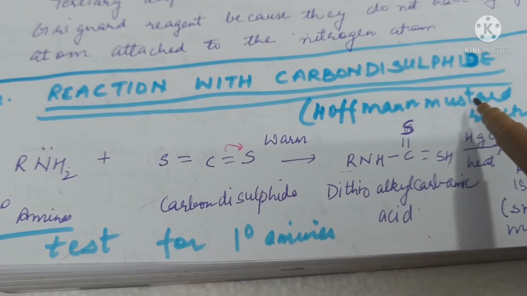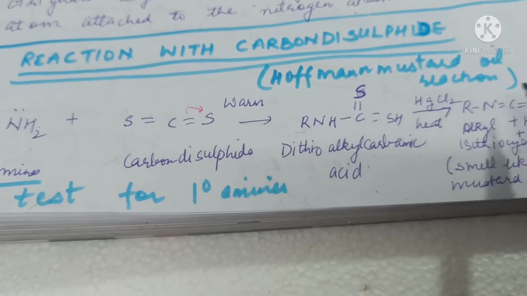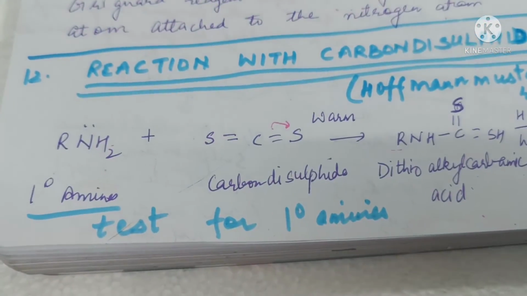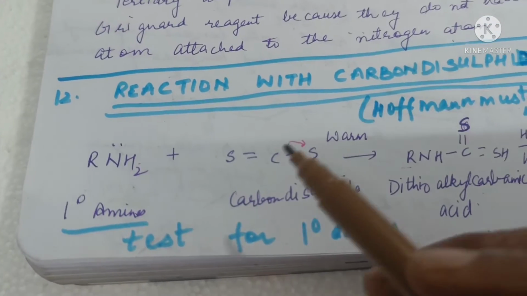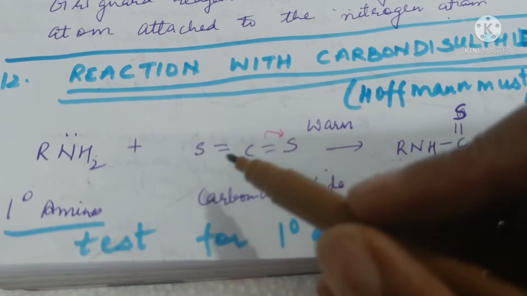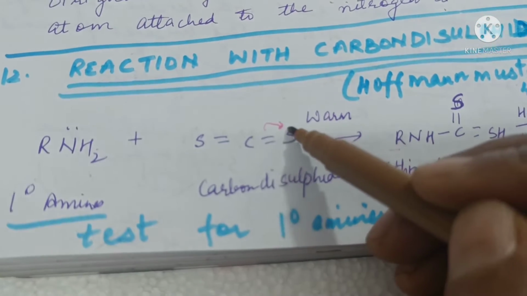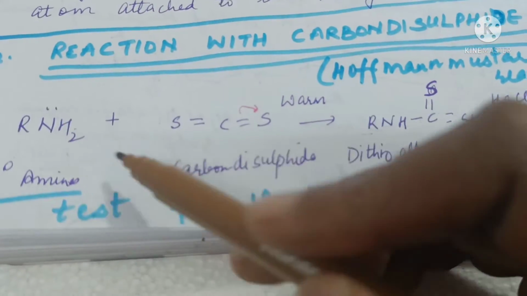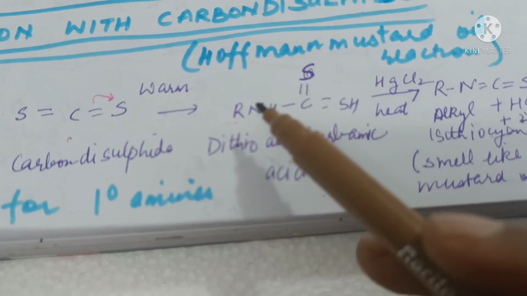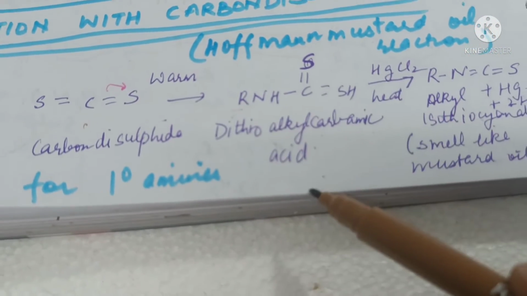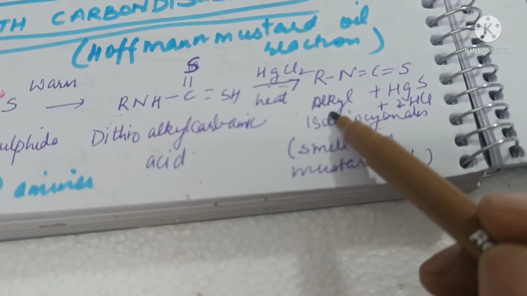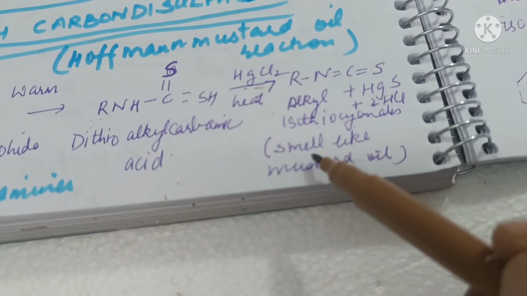Reaction with carbon disulfide. It's also known as Hofmann mustard oil reaction. When primary amines react with carbon disulfide, the electrons move here and hydrogen will attach to sulfur and the remaining R and H2 to carbon, to form dithio alkyl carbamic acid, which when heated with mercuric chloride will form alkyl isothiocyanate.